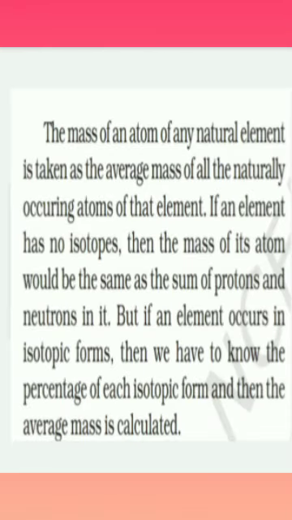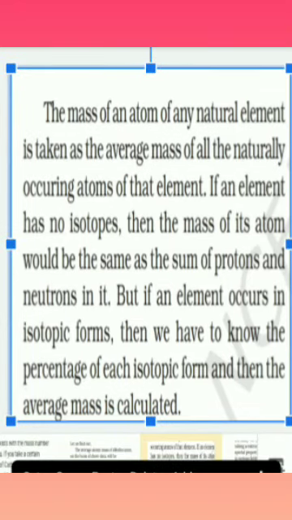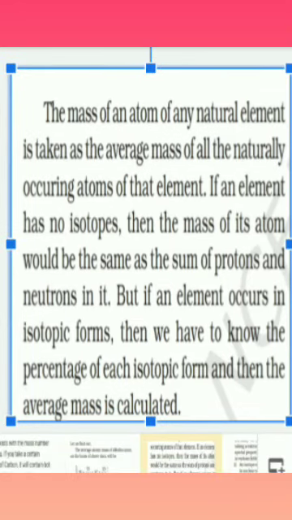The mass of an atom of any natural element is taken as the average mass of all the naturally occurring atoms of that element. For example, oxygen also has isotopes, and nitrogen also has isotopes. Some elements do not have isotopes; you calculate as usual, that is mass is equal to number of protons plus number of neutrons.